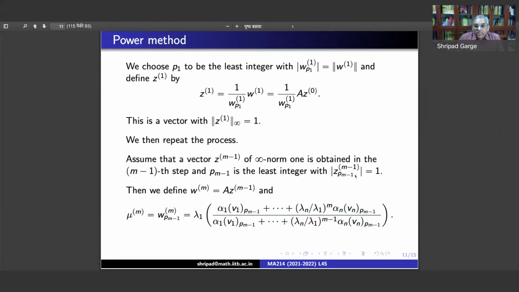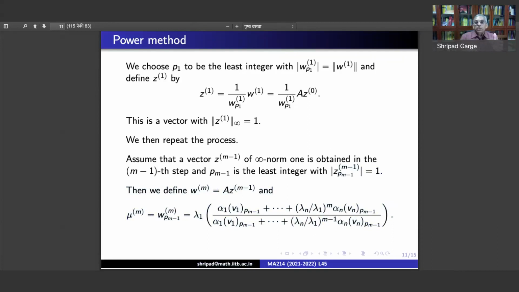So having done this, z m minus 1 will have the property that in the denominator you will have lambda 1 power m minus 1 alpha 1 v1, lambda 2 power m minus 1 alpha 2 v2, dot dot, lambda n power m minus 1 alpha n vn. That's how the z m minus 1 will look like.